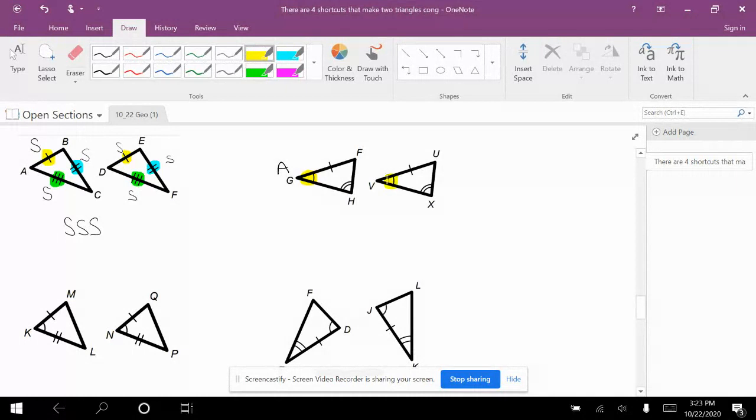And we have 1 mark here too. Y una marca aquí también. And then we have 2 marks at angle H and angle X. Tenemos 2 marcas aquí en ángulo H y ángulo X. So these are both angles. Esos dos son ángulos.